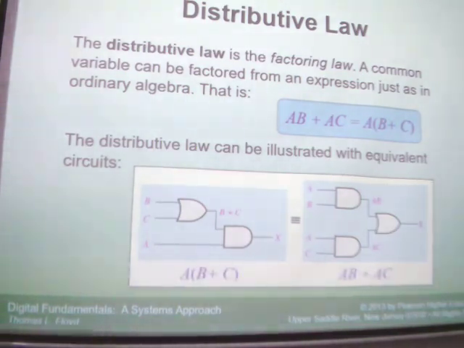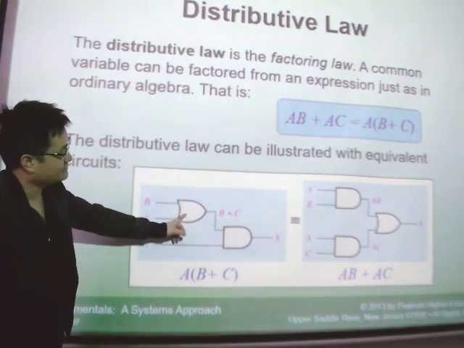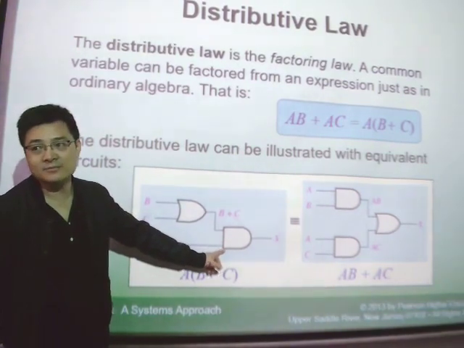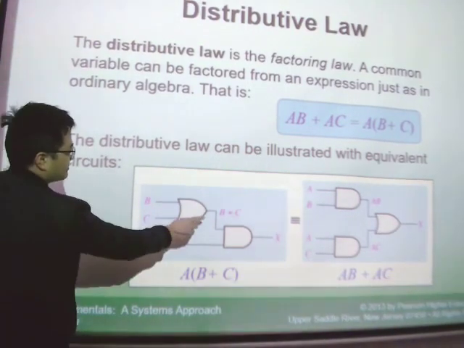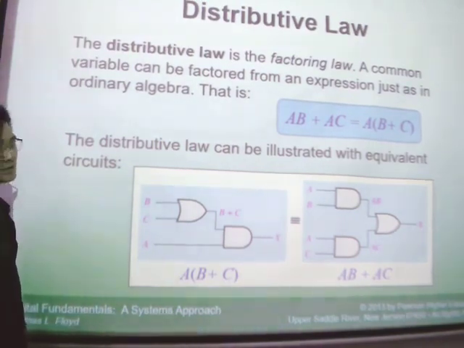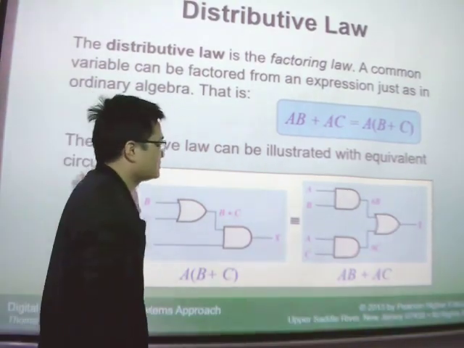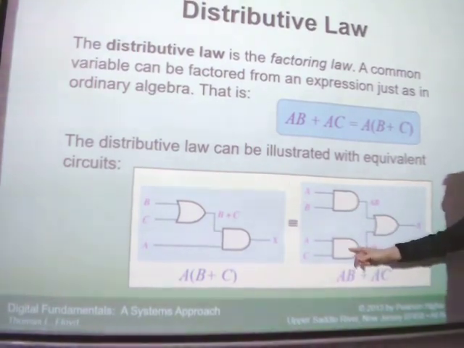The distributive law can be illustrated with equivalent circuits. For example, this is the OR gate, and this is the AND gate. B or C, then AND A equals X. The right circuit has AND gates and an OR gate.